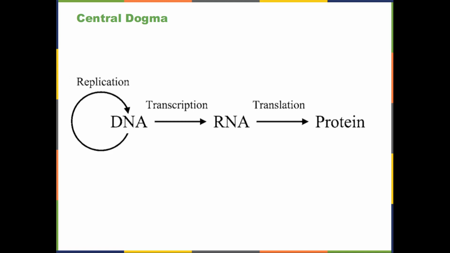Proteins are made up of amino acids. So we're going from an alphabet of A, T, G, C, U to an alphabet of amino acids. So we have a translation there. Main idea here is that the flow of information is going from DNA to RNA to protein.